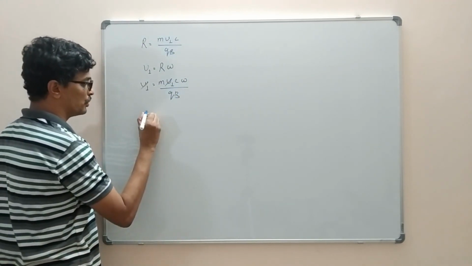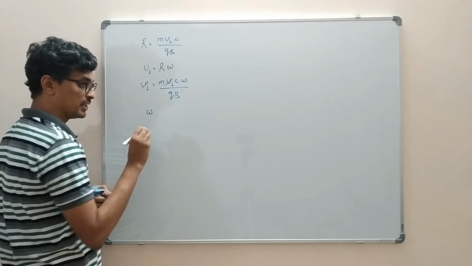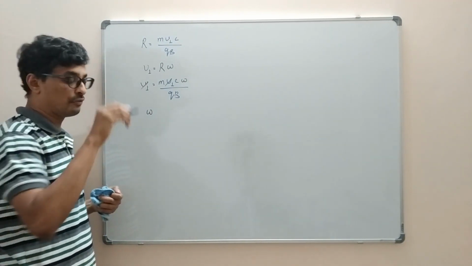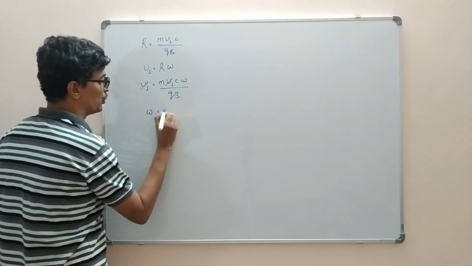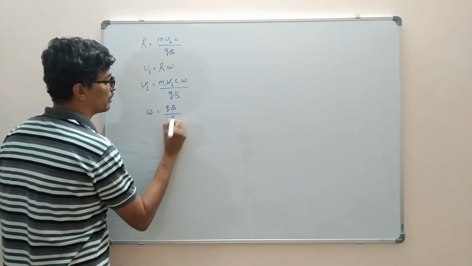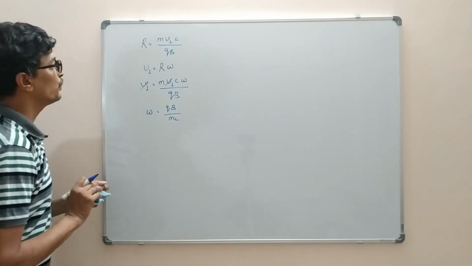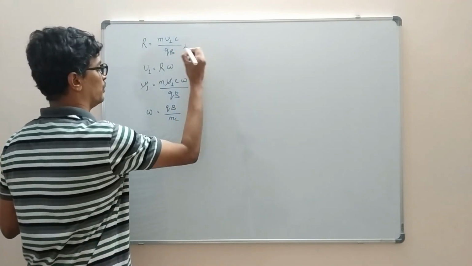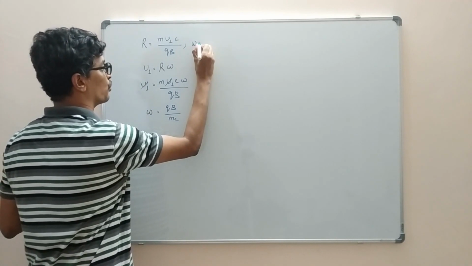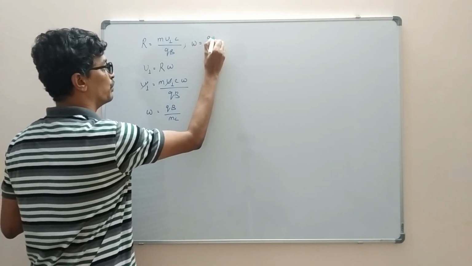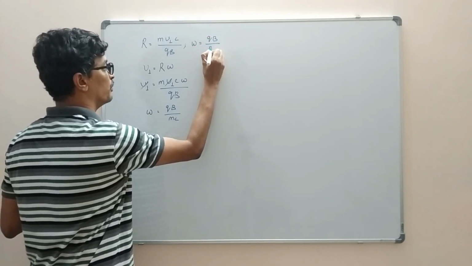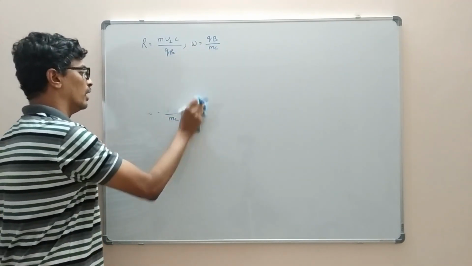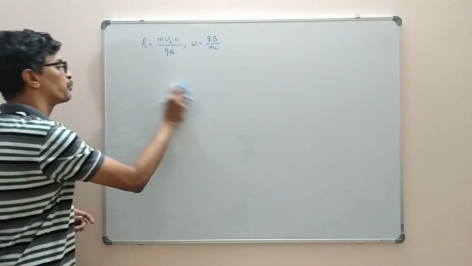So the angular frequency at which the particle gyrates around the field line is going to be QB divided by MC. Let me note this one also: the angular frequency omega is equal to QB divided by MC. This is angular frequency, so the frequency will be this divided by 2 pi.